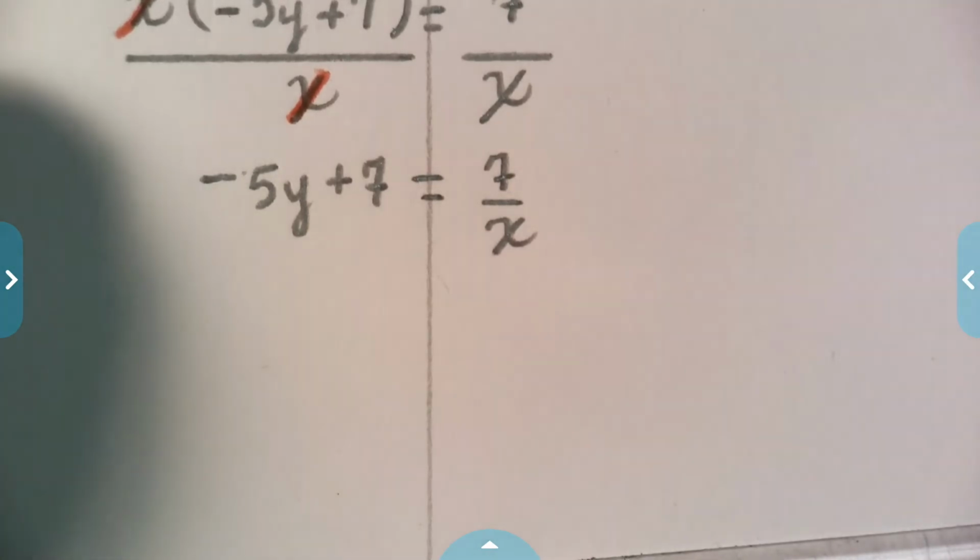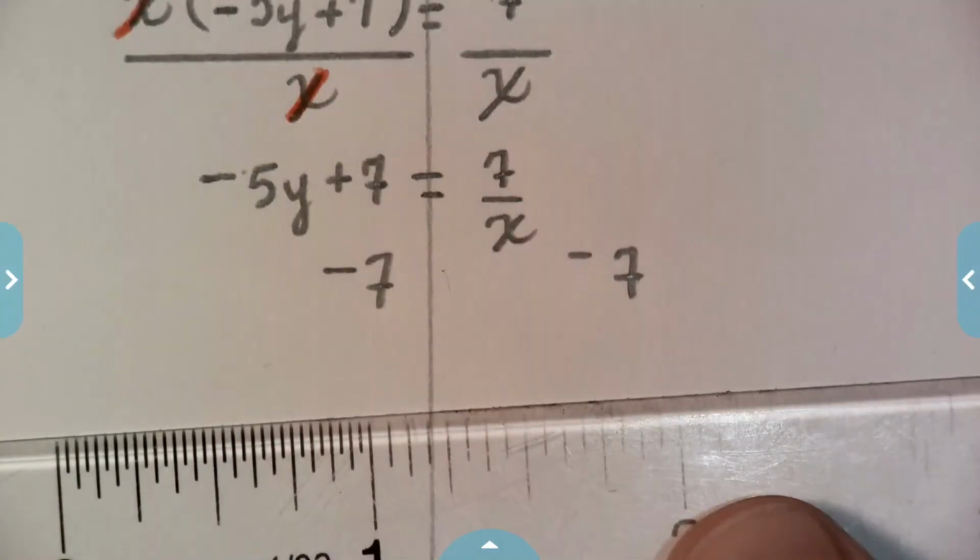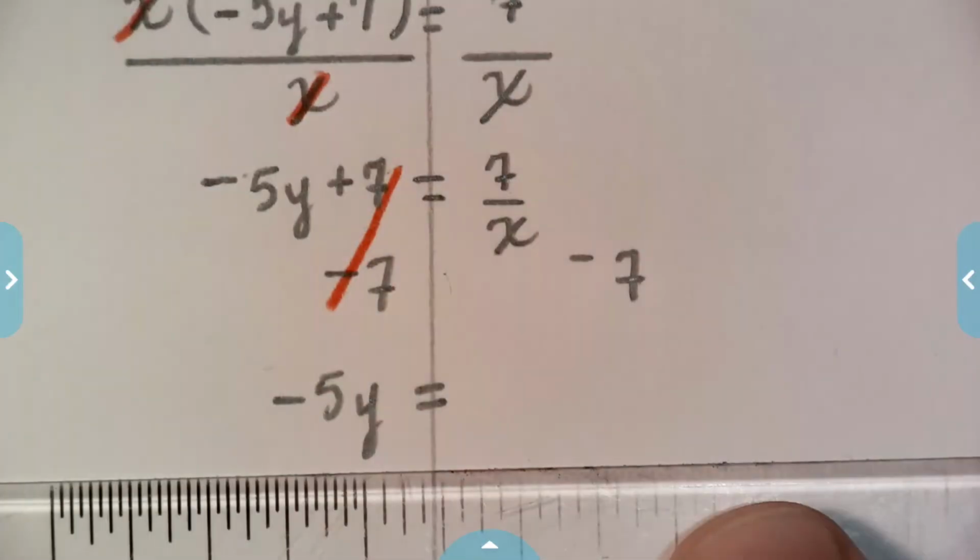Okay, so this is much more straightforward than the previous problem. Here I can just subtract 7 from both sides. And I'll cancel out those 7's on the left. And that'll leave me with negative 5y equals 7 over x minus 7.